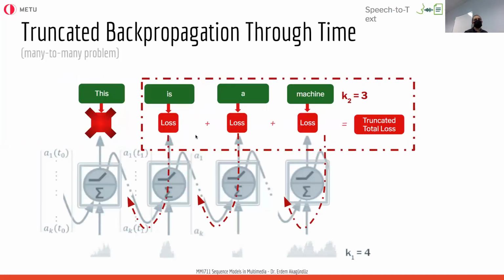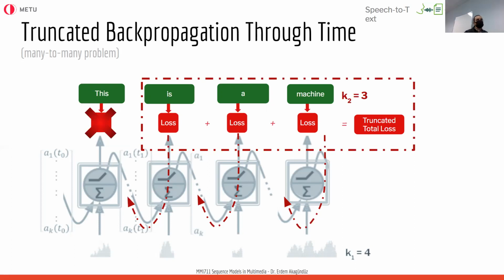For example, I'm feeding 4 elements in the forward run, but I'm only using 3 elements for training, so I update only 3 times. So K1 is 4, K2 is 3. K1 is the sequence length I use in the forward run, and K2 is the sequence length I use in the backward run. These are just choices for training. It doesn't necessarily have to mean something.